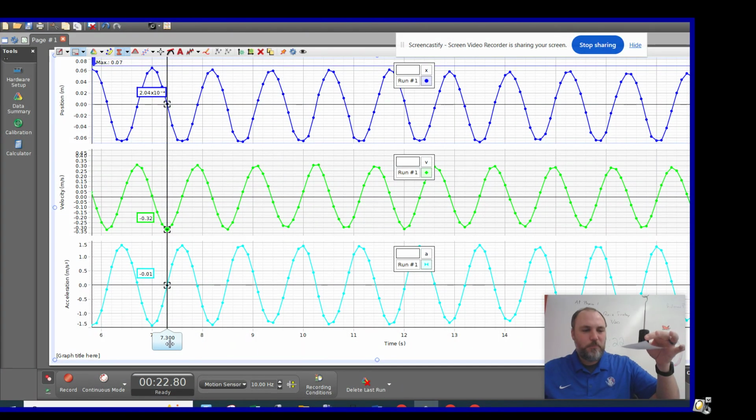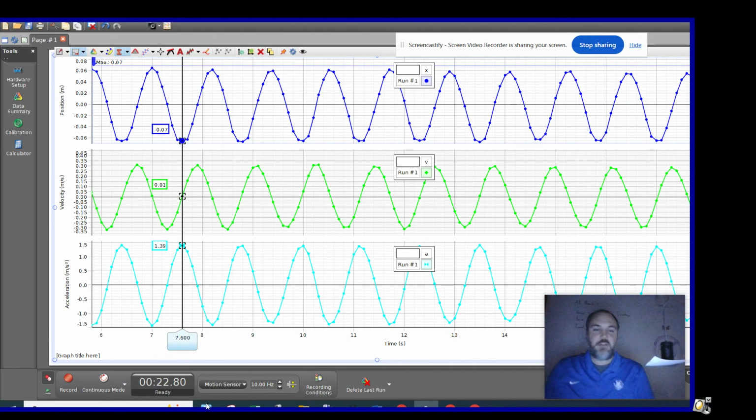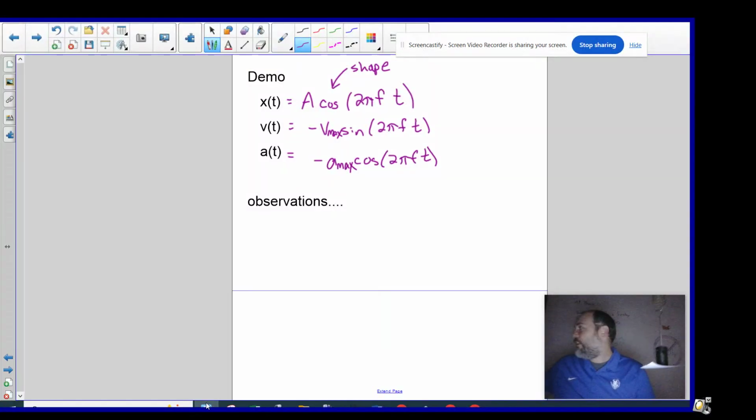And then I blow through the equilibrium position. I get to a negative amplitude. Again, the velocity stops. And now I have a really large positive acceleration because it's going to try to bring it back to equilibrium. So we see that oscillation in all three of those kinematic variables, so position, velocity, and acceleration.